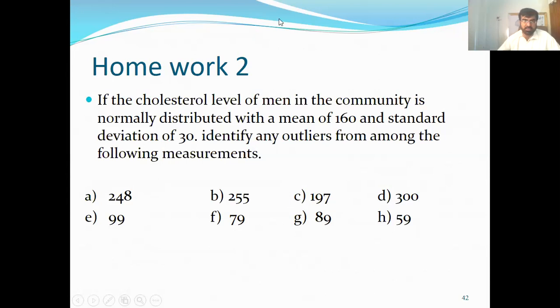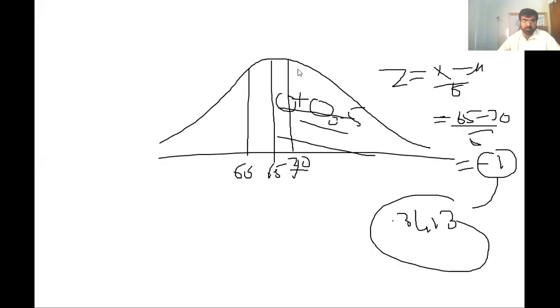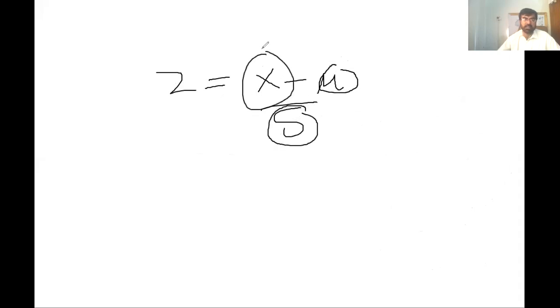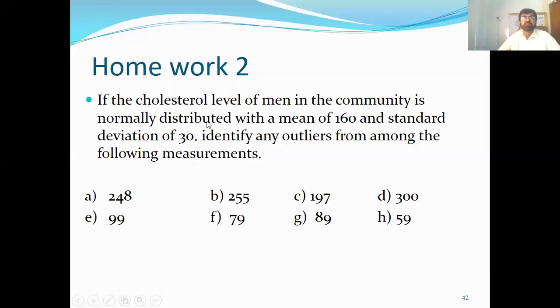On the basis of z-score, we can identify an outlier. Z is equal to x minus mu over sigma. You need the mean, the standard deviation and the x. So we have a mean of 160 and 30 is the standard deviation.